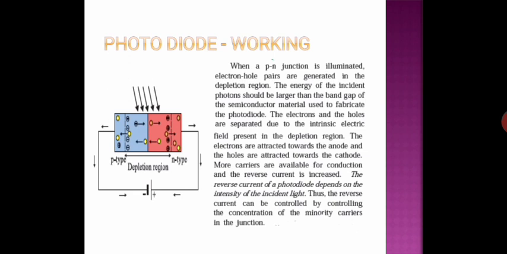The electrons are attracted towards the anode and the holes are attracted towards the cathode. More carriers are available for conduction and the reverse current is increased. The reverse current of a photodiode or photoelectric diode depends on the intensity of incident light. Thus, the reverse current can be controlled by controlling the concentration of minority carriers in the junction.